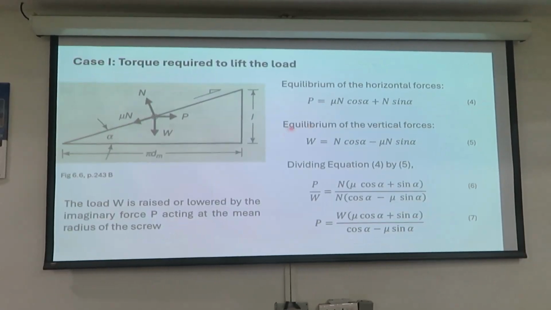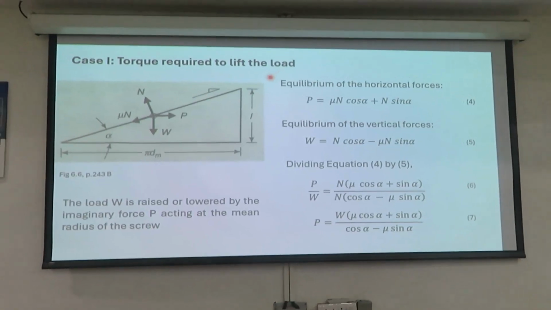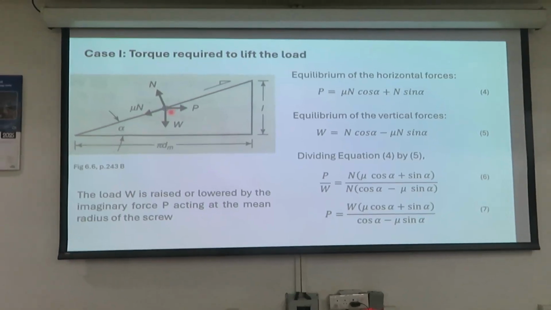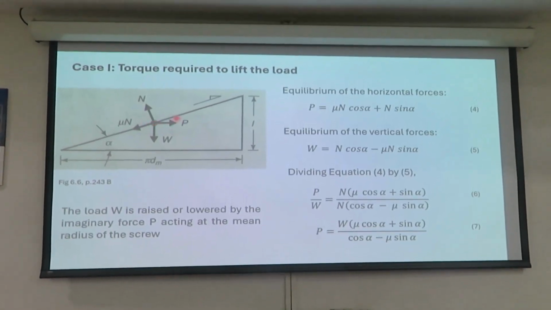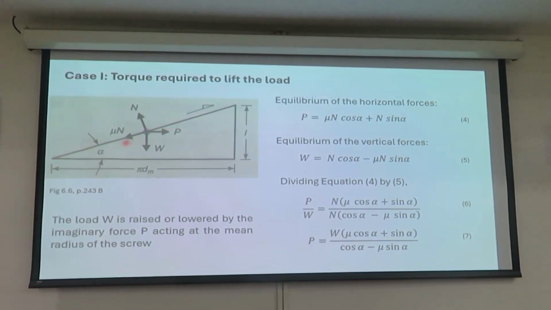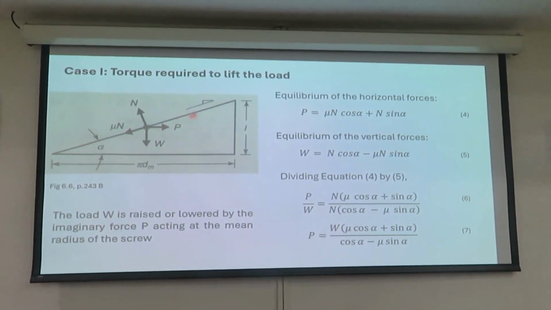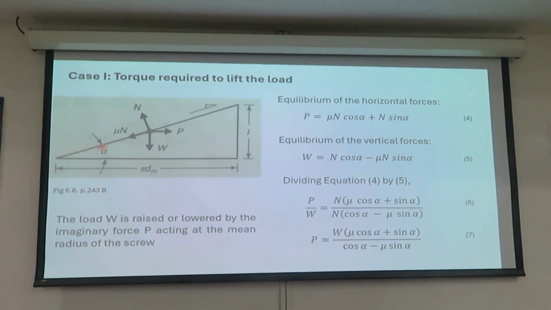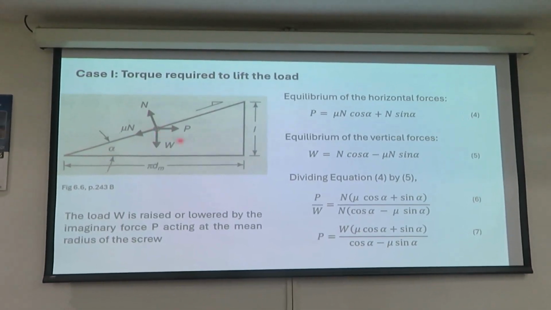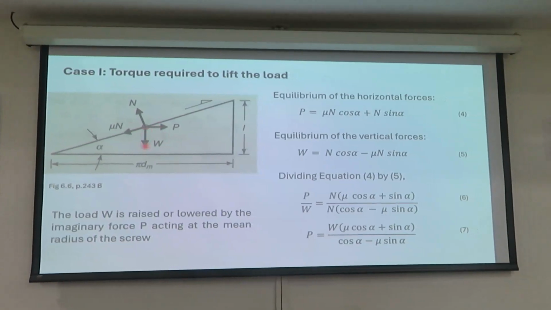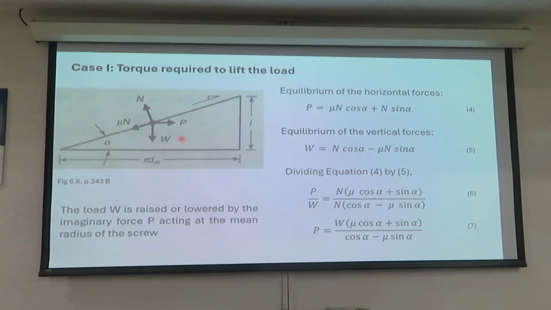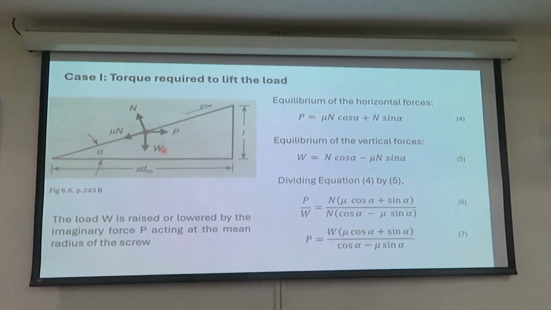Now case 1, torque required to lift the load. If there is a load, sliding takes place between the two threads. This represents the thread here, with the lead and alpha. If you do the force balance, W is the load that you are going to lift. You are designing for this W, so W is given.